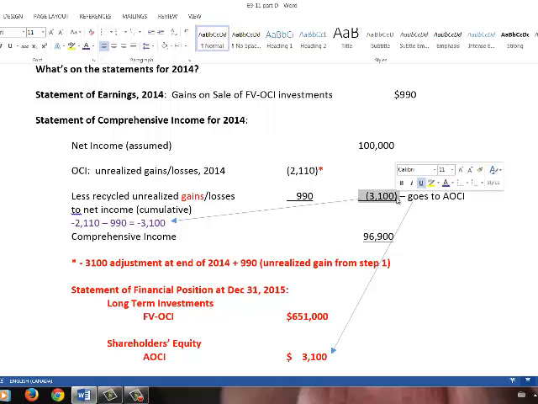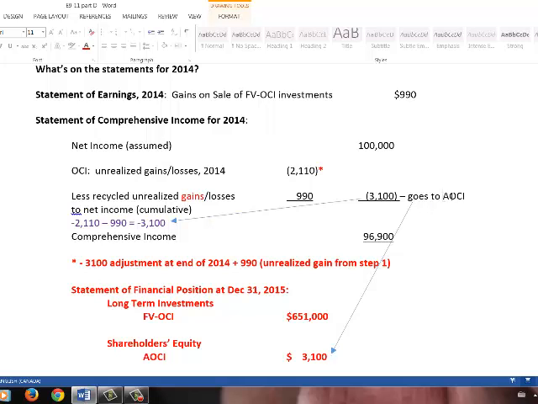I didn't have any AOCI to begin with in this question. At the beginning of 2014, it was 0. Why? Because I didn't have any OCI investments. The question said this is the first year that you even had OCI investments. So I bought them, and I sold part of them by the end of the year. So this whole amount is going to go to AOCI to update it for the year.